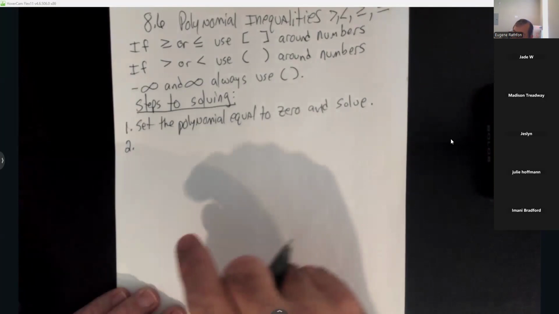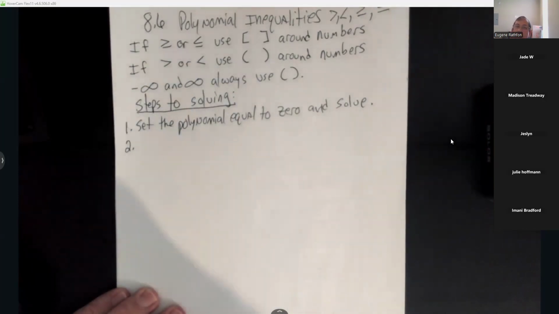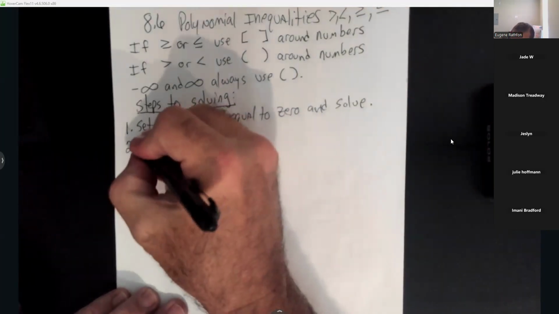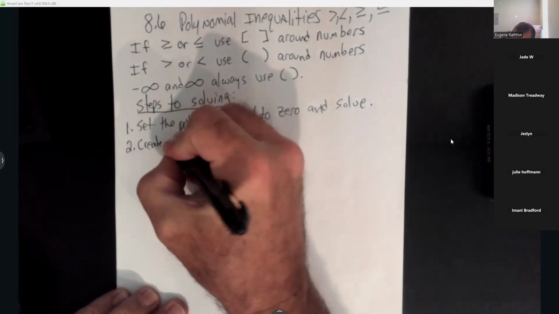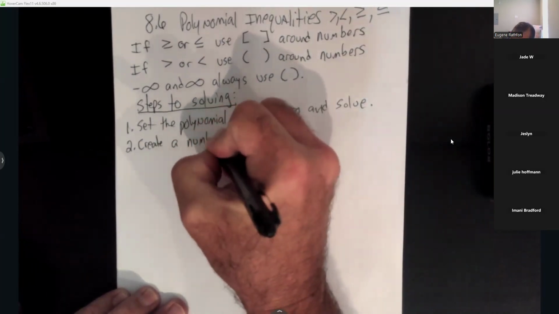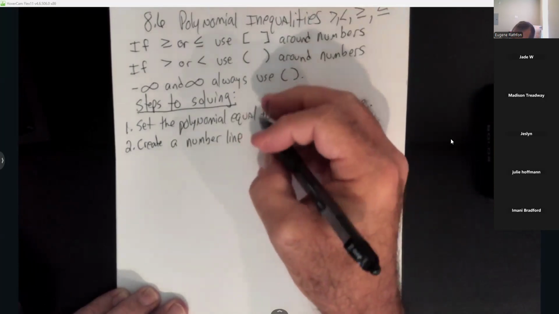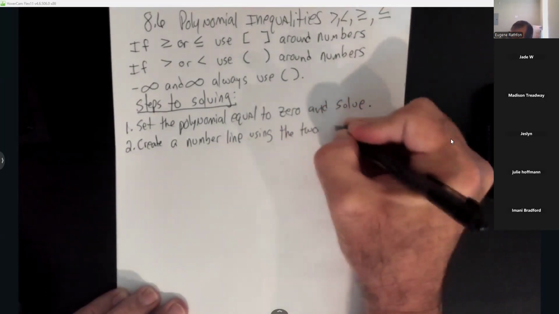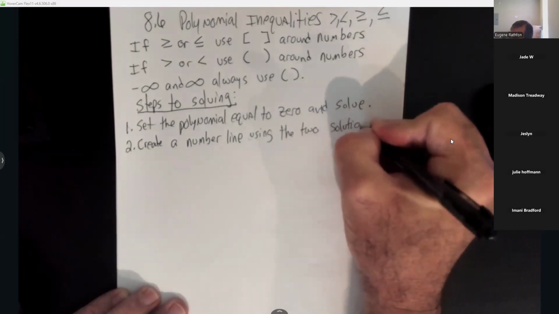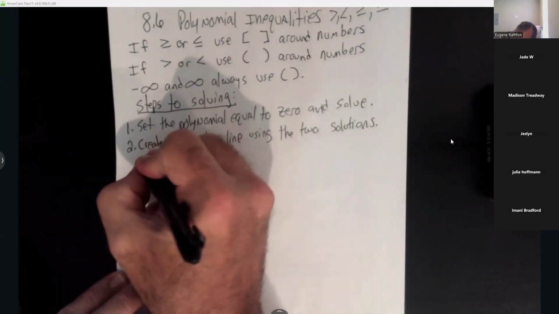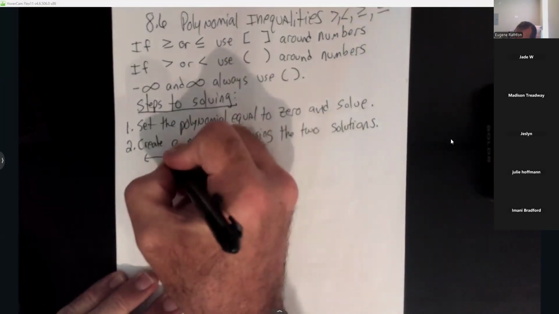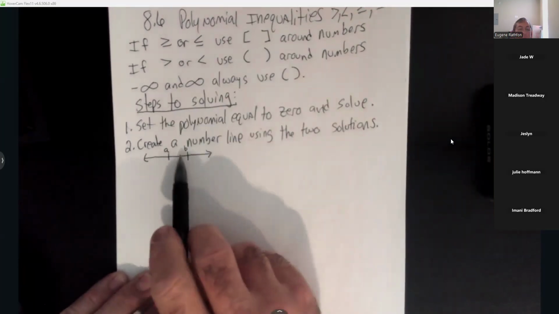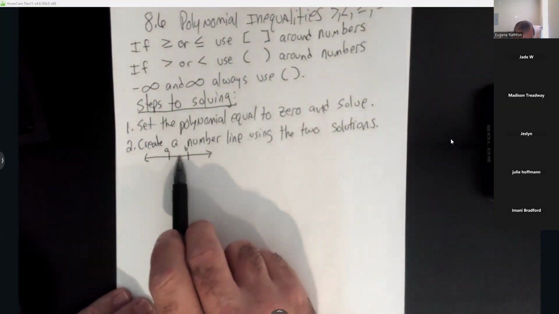All righty. Now we're doing quadratic inequalities, so that means we're going to get two solutions on these, okay? So what I do at that point, I'm going to create a number line using the two solutions. The only places I really mark are the two solutions.